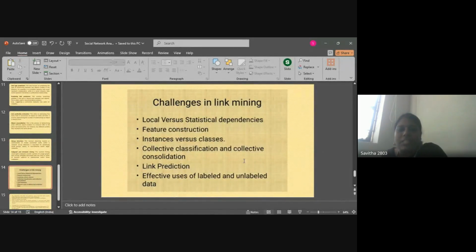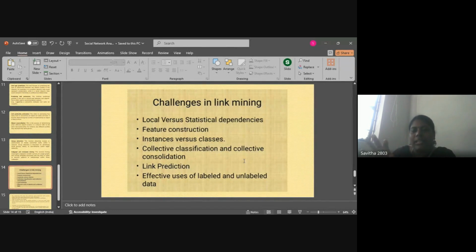Then the different challenges in link mining. There are many local versus statistical dependencies. So evaluating the data, we need some statistical dependencies over the social network or different social media networks. Then we need to classify the features separately, so feature construction will be needed. Then instances versus classes: different objects will be there.